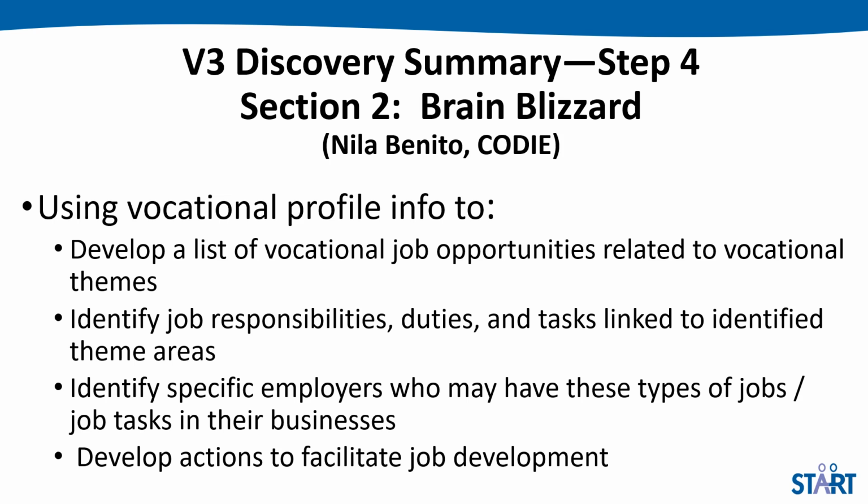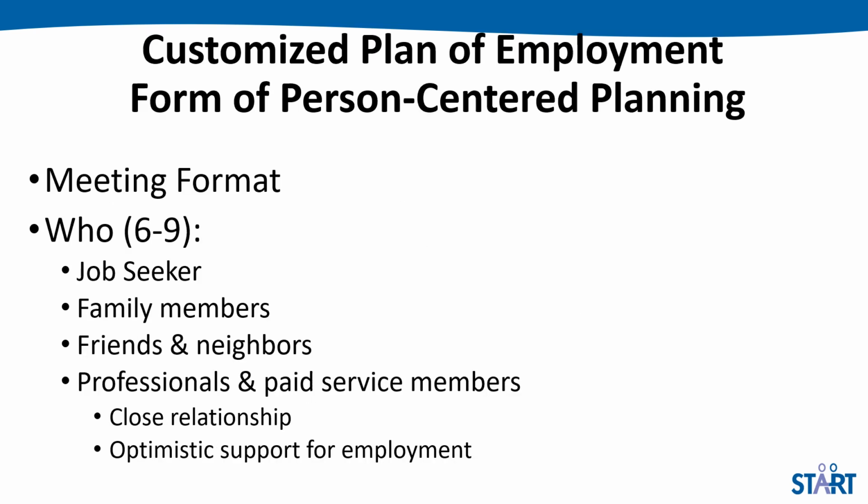And so we want to develop a list of what those might be in the student's direct area. Job responsibilities, and then looking at specific employers that are available, not that have a job opening necessarily, but that are in the individual's area that we could explore as potential employers for this particular student.